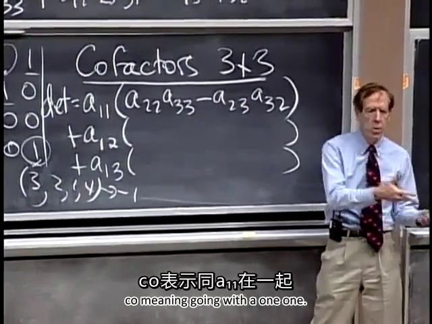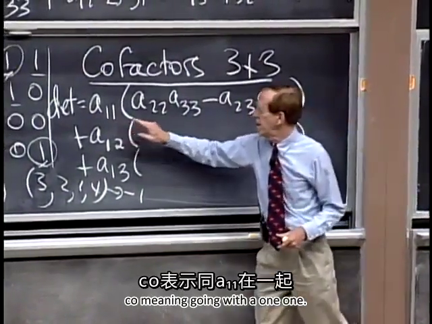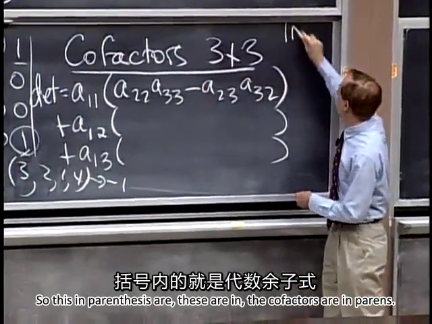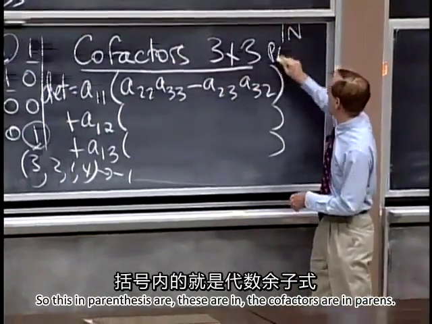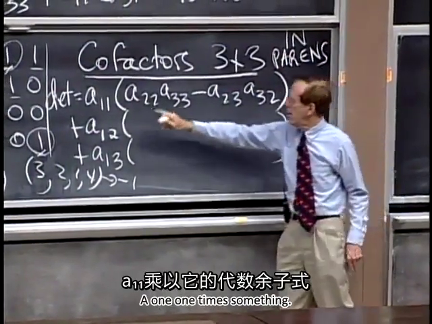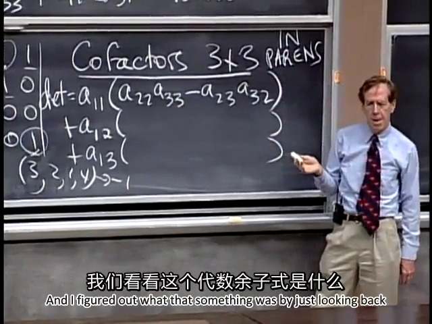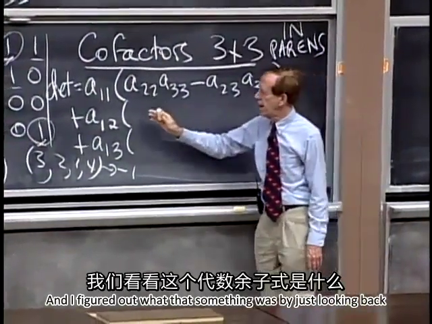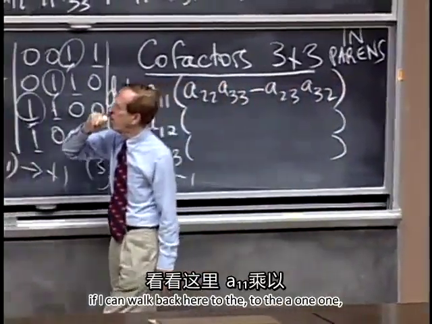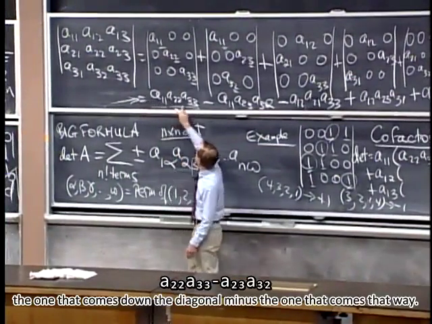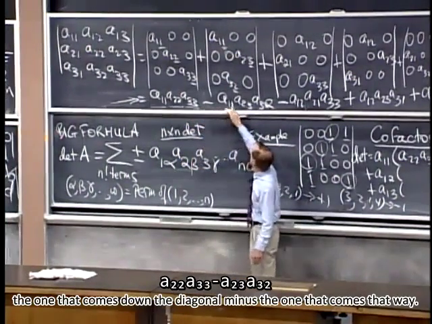Co meaning going with A11. So the cofactors are in parentheses. A11 times something. And I figured out what that something was by looking back at the A11, the one that comes down the diagonal, minus the one that comes that way.